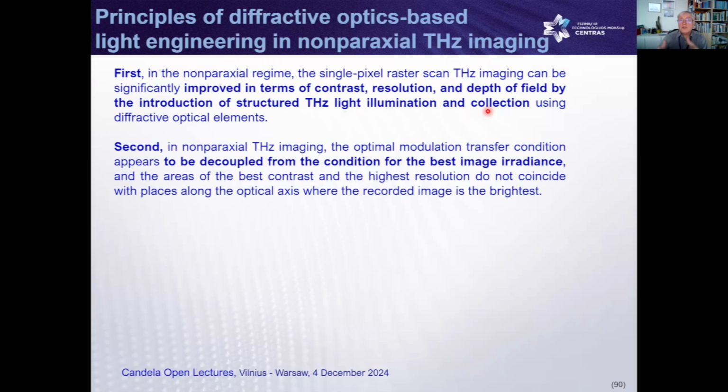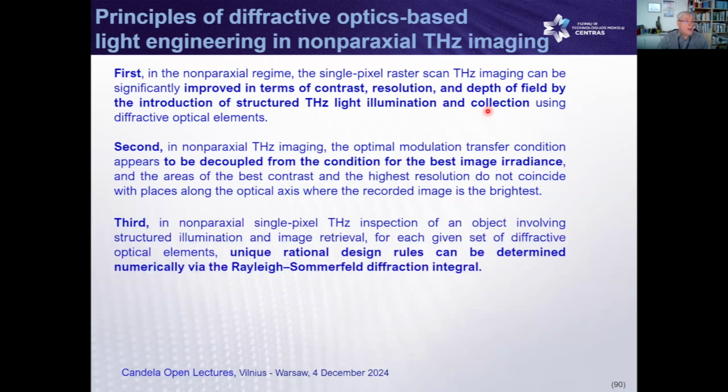Each time we need specific calculations and must select a specific place to put the illuminating or collecting optics in the imaging setup. The way to do this is rational design rules determined only by numerical solution of the Rayleigh-Sommerfeld diffraction integral.